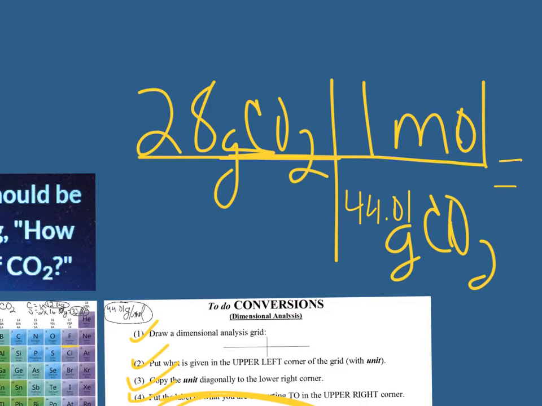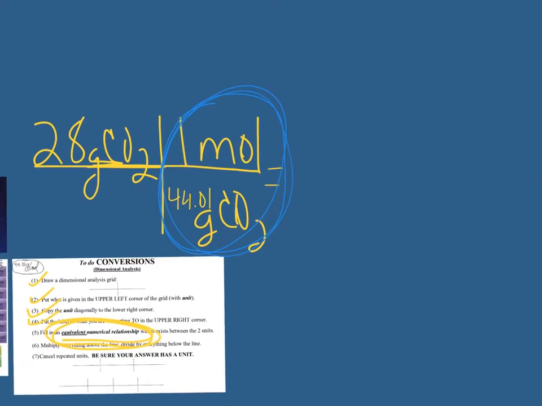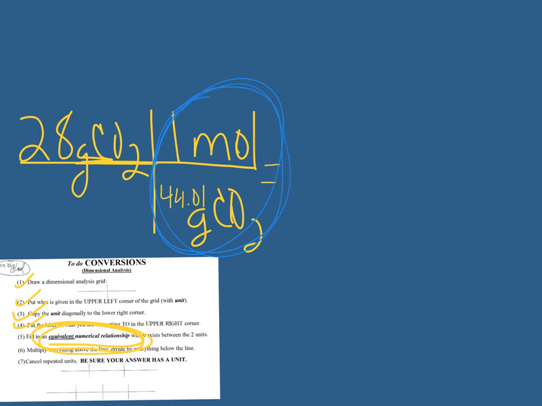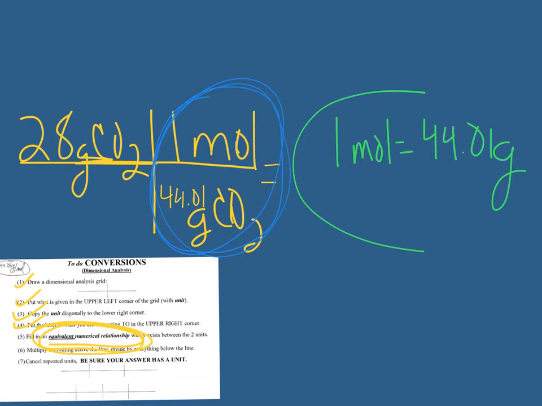So we could either go with this as our proper conversion factor, or if they were asking us what these values were, you could also write that out in this way. 1 mole equals 44.01 grams of CO2. So that's it. Those are the 2 ways that we could have written that conversion factor.